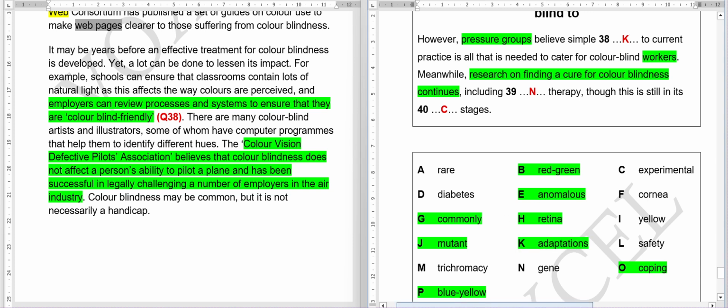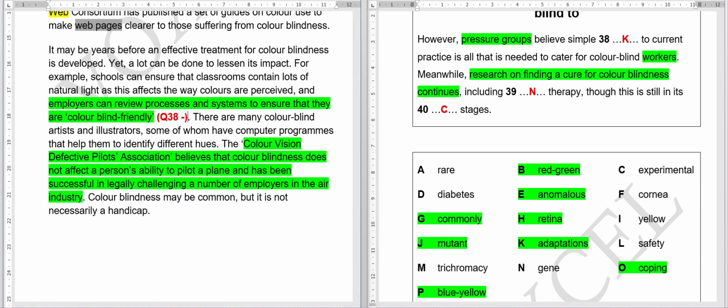So what does adaptations mean? To adapt, like to adapt according to certain conditions or certain situations. So they are saying that these groups say color blindness is not a handicap, so it doesn't affect the person's ability to fly. And they are successful in legally challenging a number of employers in the air industry.